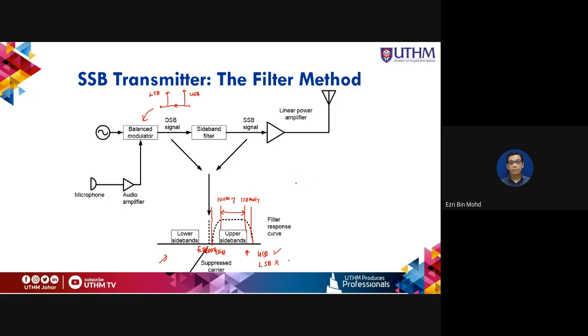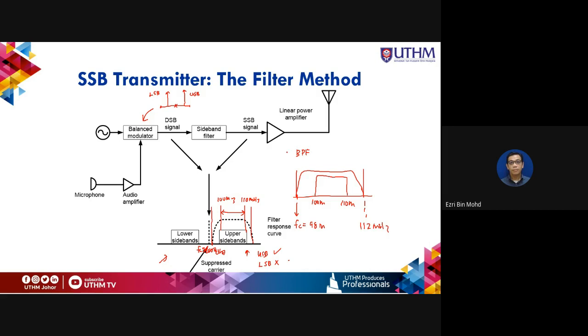So for the sideband filter here, we need to design a band pass filter. Let's say here we know it is 100 megahertz to 110 megahertz. So the band pass filter we design should have a low cut-off frequency of maybe 98 megahertz, and the high cut-off frequency is equal to 112 megahertz.